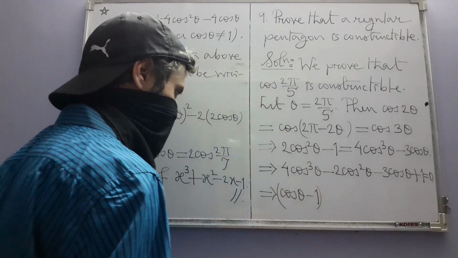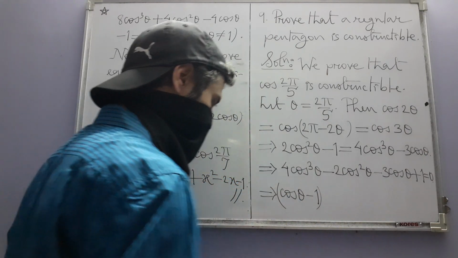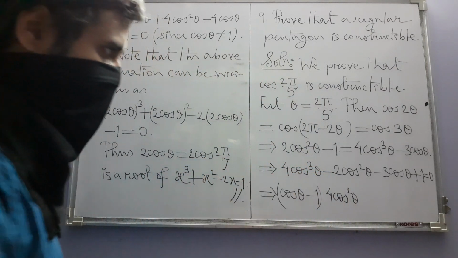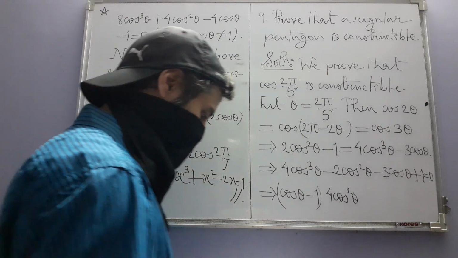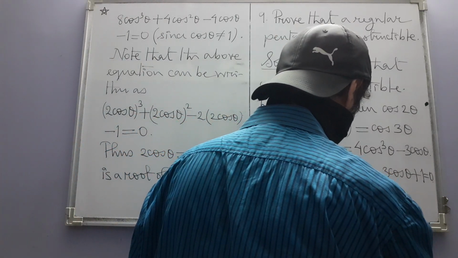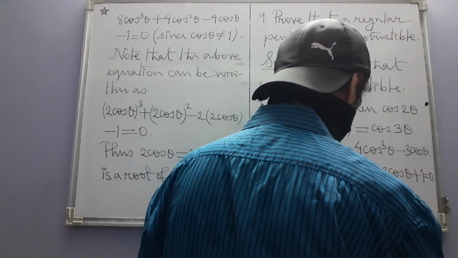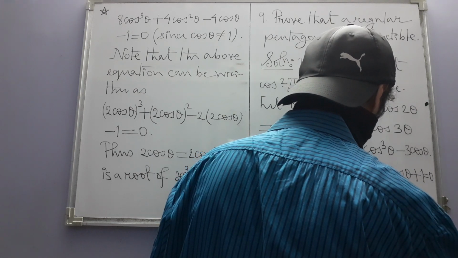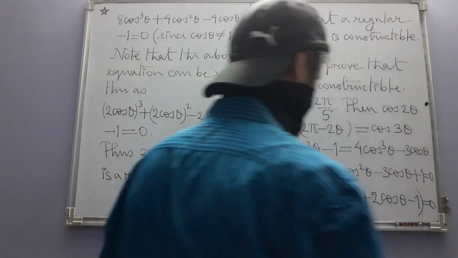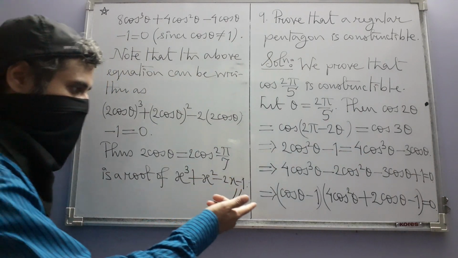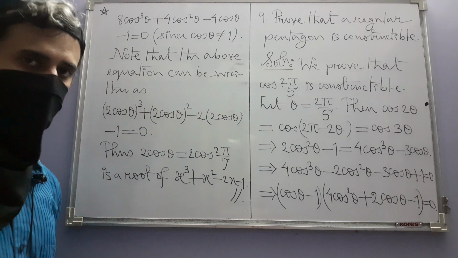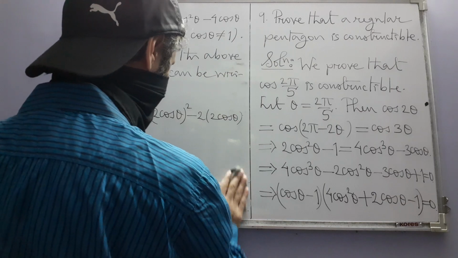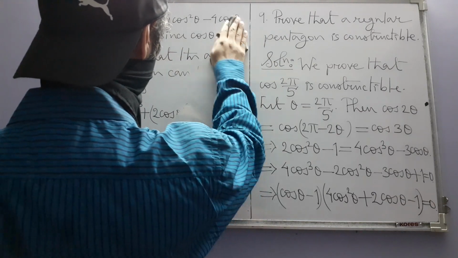Cos theta minus 1 times 4 cos square theta, and so on. You please verify these calculations and let me know. Hopefully I haven't made any mistake, but still let me know that I am correct. This is equal to 0, and just like before, cos theta in this case is also not equal to 1. And as such, that other factor will be 0, and that will give us a polynomial.